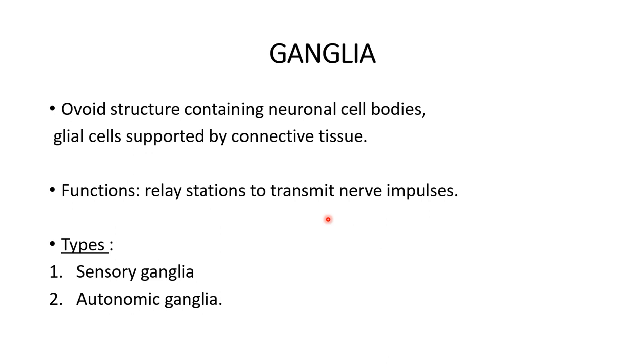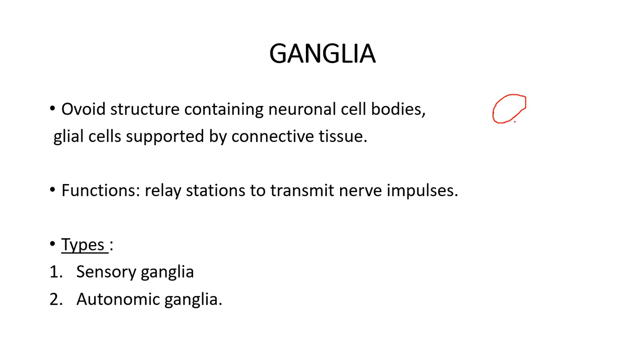Now we move on to ganglia. So what actually is a ganglia? It is a collection of nerve cell bodies outside the central nervous system. It is basically ovoid in structure.